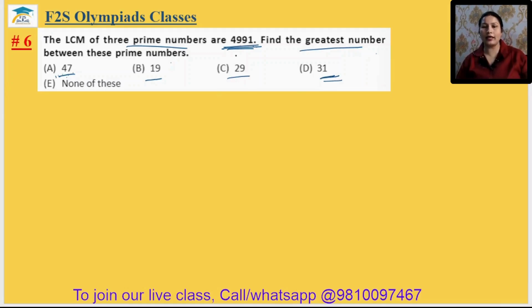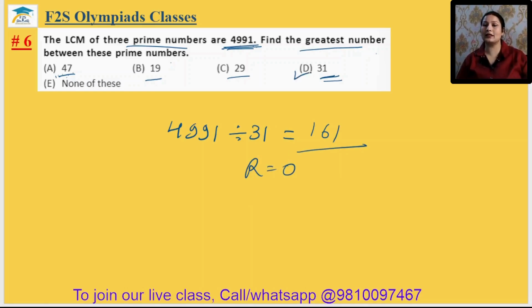If you divide 4991 by 31, you will get 161. It means it is completely divisible. Remainder is 0. So 31 is the greatest number whose LCM can be this.